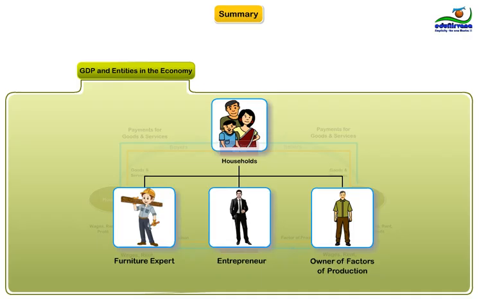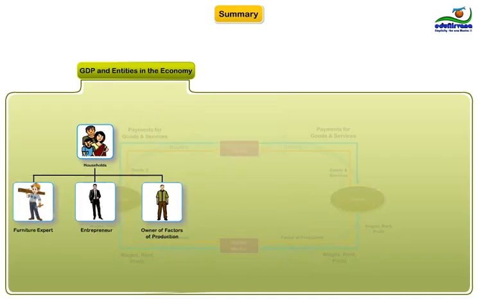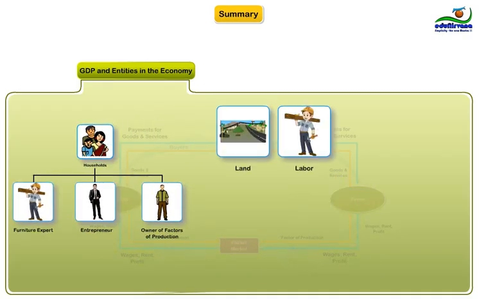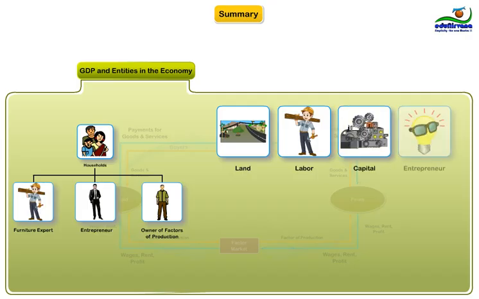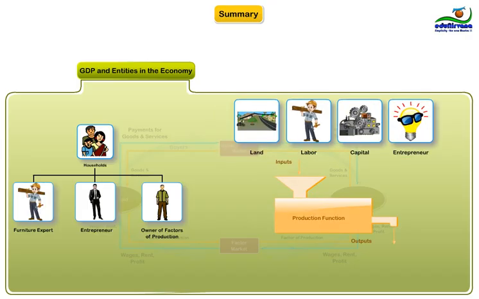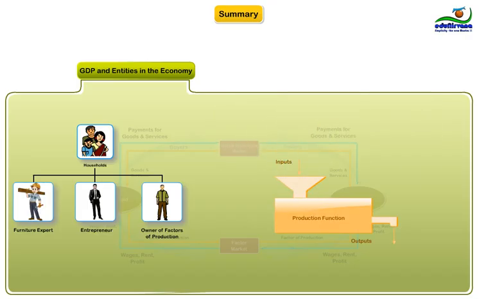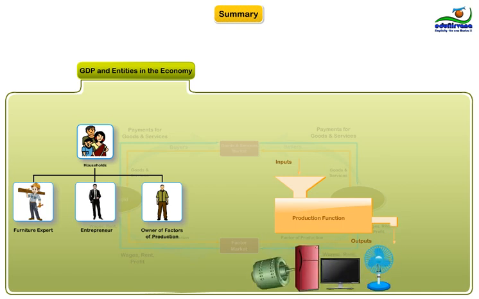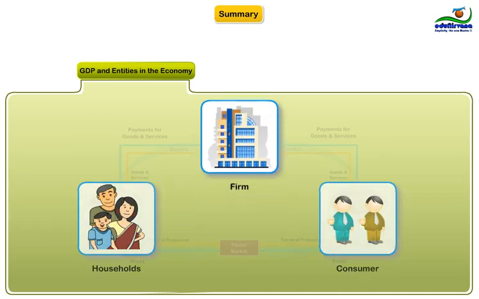They are also owners of factors of production, that is, land, labor, capital, entrepreneurial ability, which they give to firms to produce goods and services in an economy. Firms sell products and services to consumers and buy factors of production from the households. Households sell all of these either directly or indirectly through other intermediary firms.